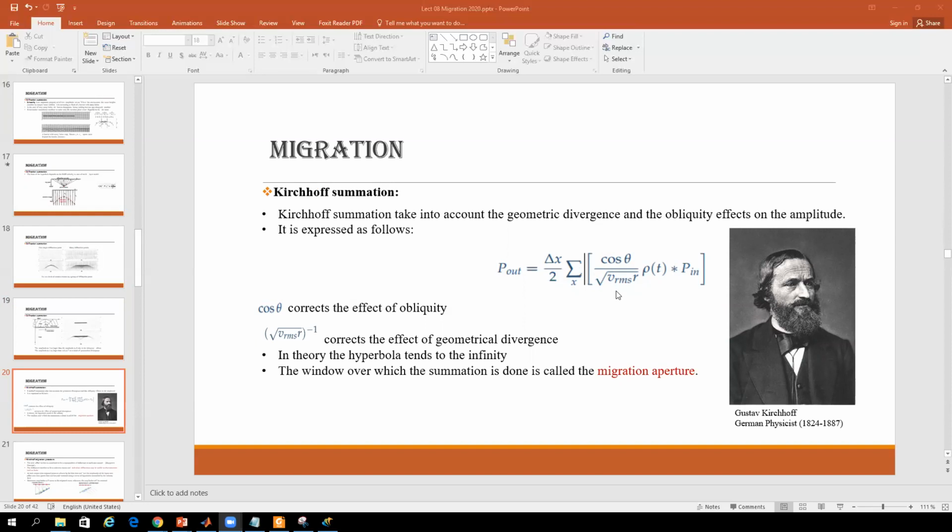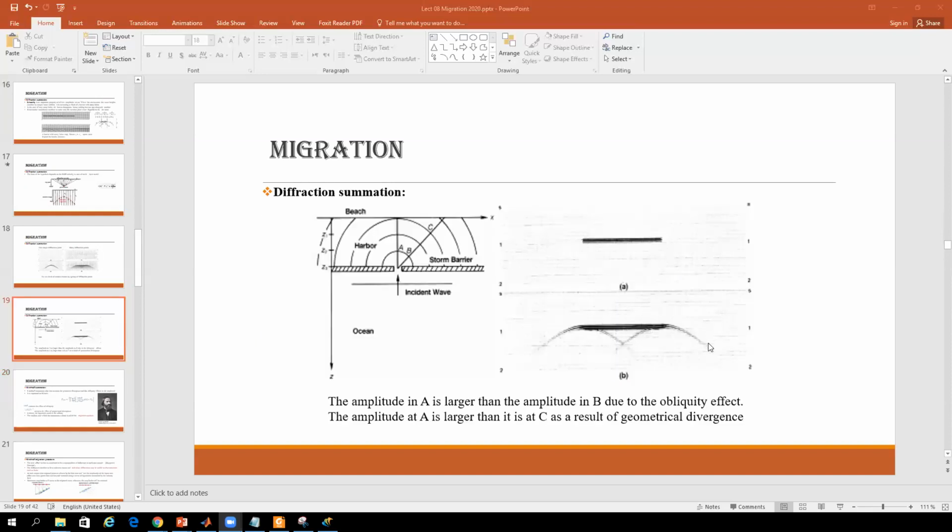And we see here that this summation is treating the amplitudes on the diffraction curve differently, because the amplitudes are getting weaker and weaker at the edges of the hyperbola, and theoretically, going to infinity, the amplitude will go to zero.